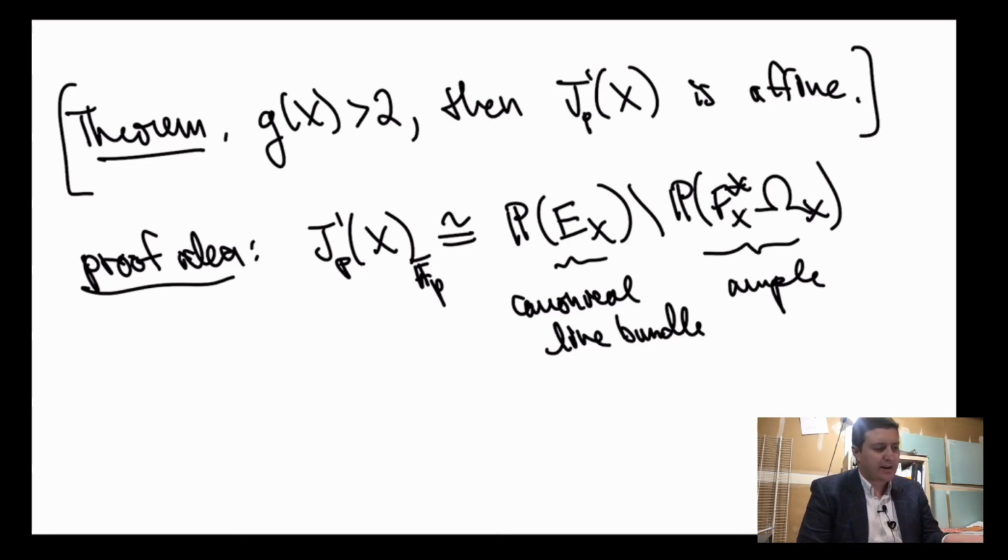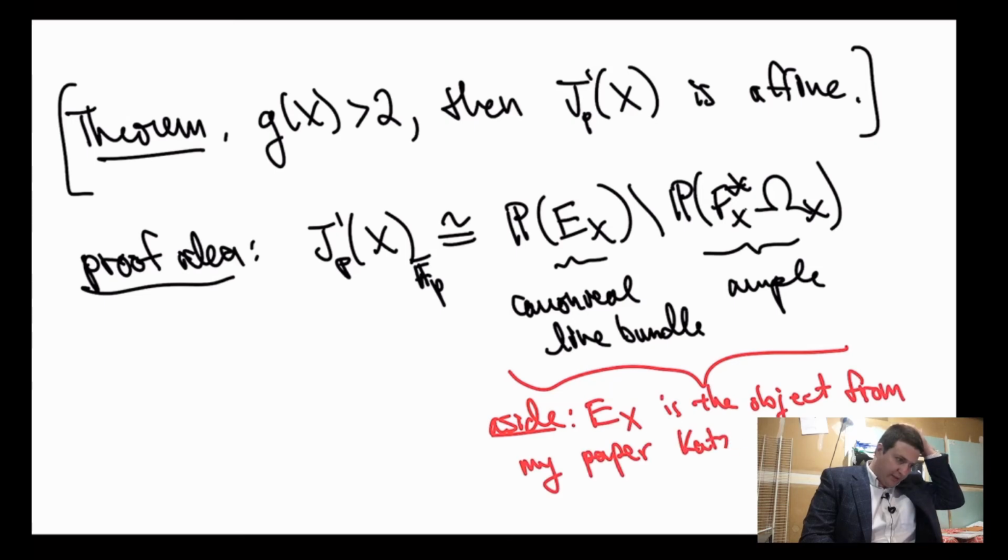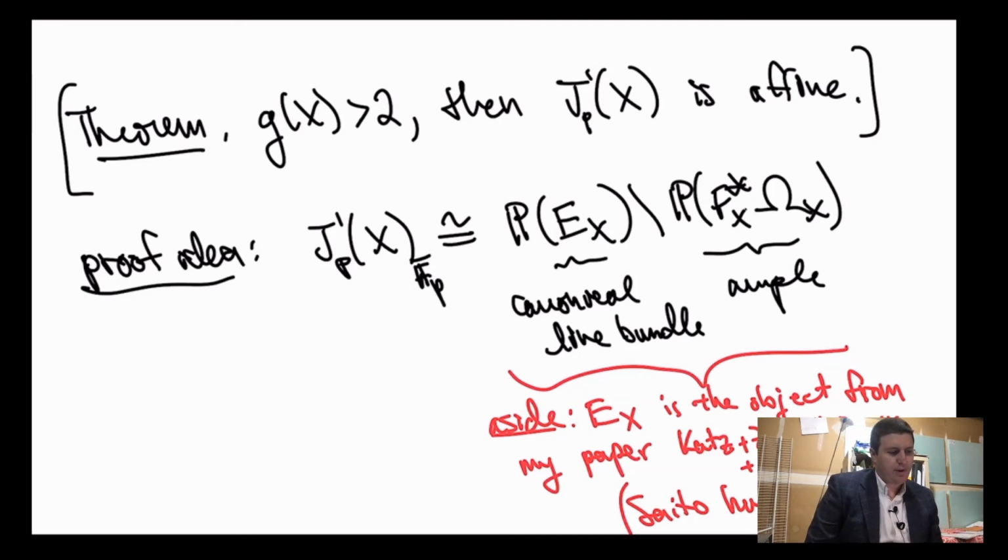When I say canonical line bundle, I don't literally mean the canonical line bundle, but the line bundle associated to the jet space. This should actually not be a line bundle; it should be a vector bundle. It's rank 2 for the case of a curve. But these things exist in general, and this object is what we call the total differentials in this paper with Ketz, Zirk, Brown, and Rabinov, and Saito has another paper that builds off of what we did.